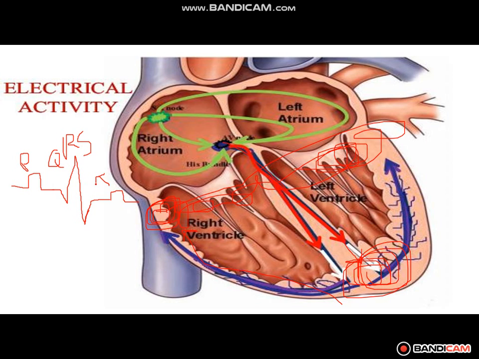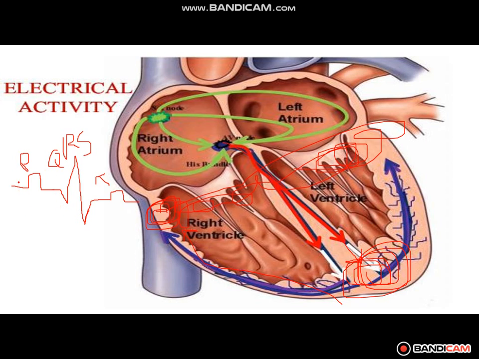Then when the electrical impulse comes to the base of the ventricle, these points are depolarizing, and in this depolarization they produce the S wave. Then when the repolarization of the ventricle occurs, it produces another wave called the T wave.